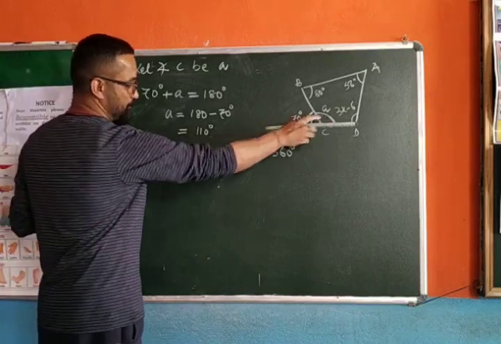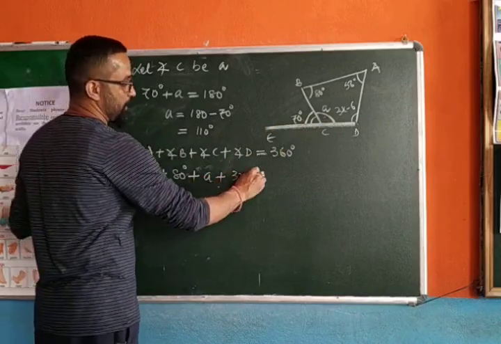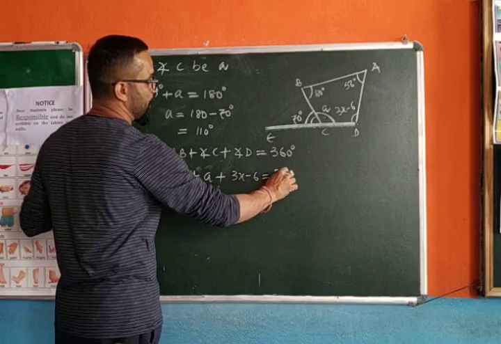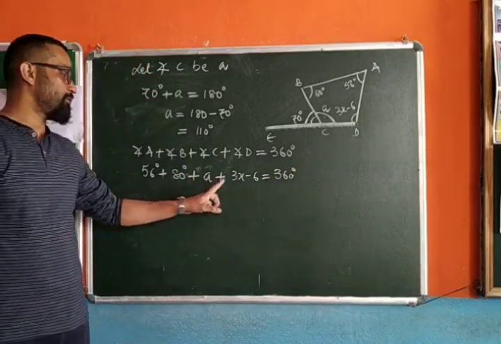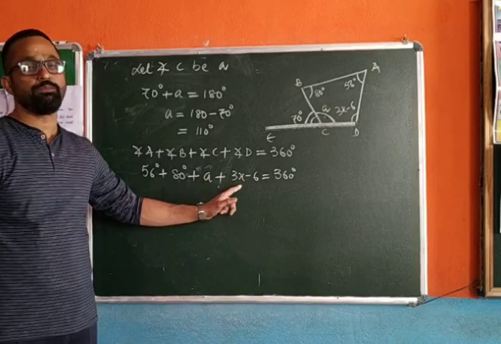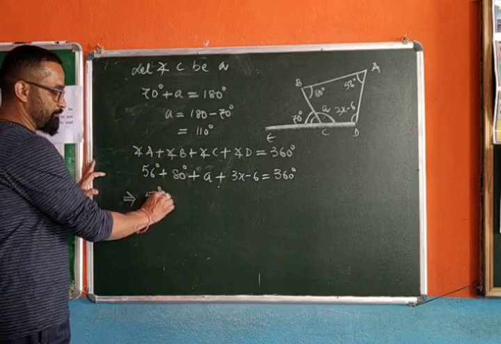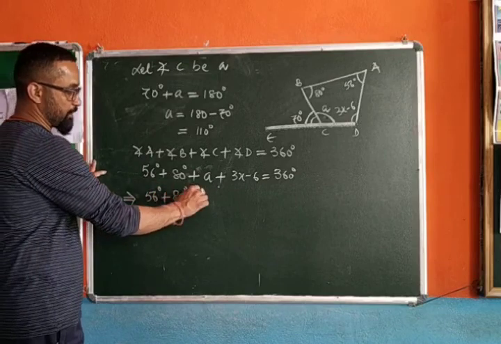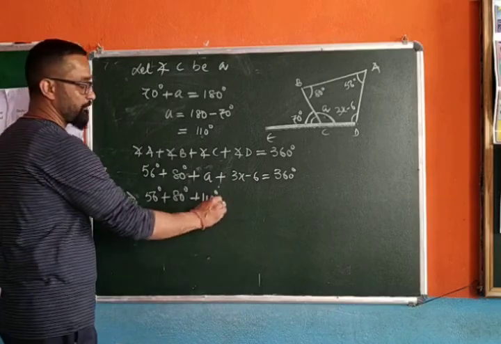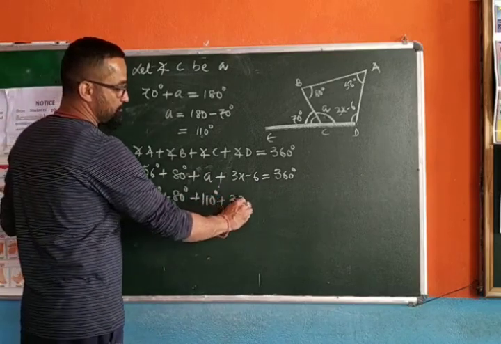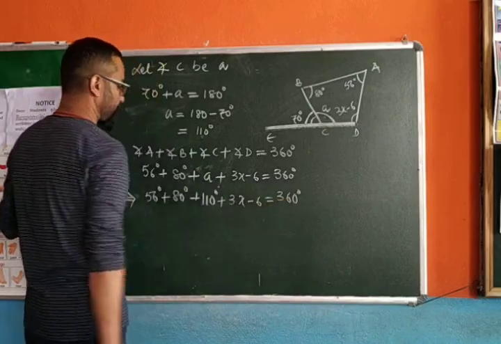C is A and D is 3x minus 6, equal to 360 degree. Still you can't simplify because you have two unknown variables. 56 degree plus 80 degree plus A, which is already calculated as 110, plus 3x minus 6 is equal to 360 degree.